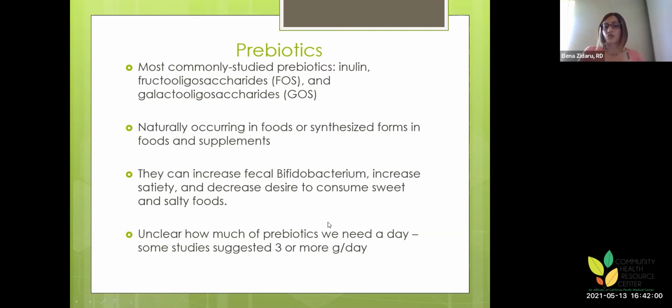But in terms of prebiotics per se, we don't have a clear recommendation, but studies suggest that more than 3 grams a day is kind of what's needed. Some say just 5 or even more. So it depends on the conditions and what you're trying to achieve. But usually for prebiotics, 3 grams or more a day would be kind of a recommendation.